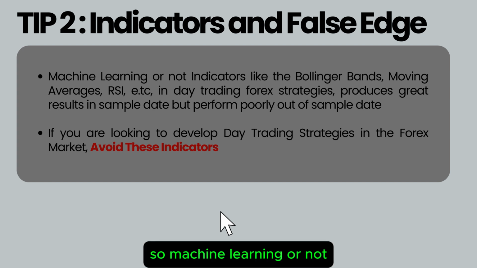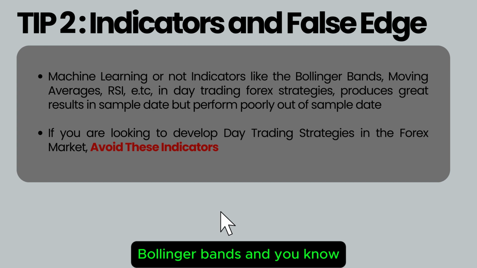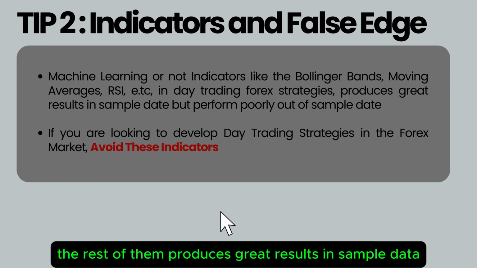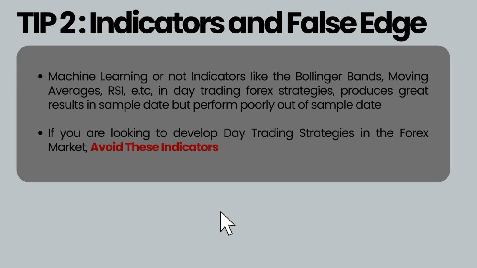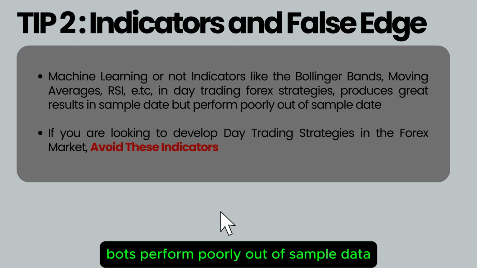So machine learning or not, indicators like the moving average, RSI, Bollinger Bands, and you know the rest of them, produce great results in sample data on day trading strategies in forex pairs specifically, but perform poorly out of sample data.